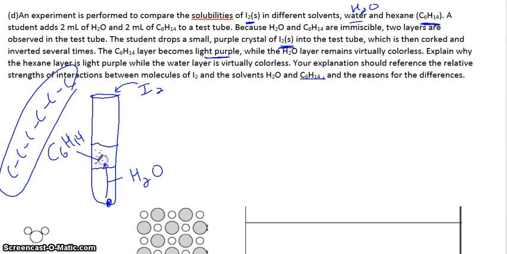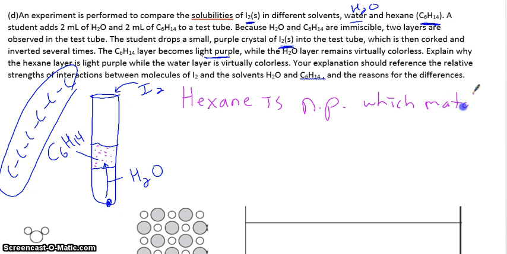Now, the reason why iodine dissolved in the hexane is because hexane is nonpolar. It did not dissolve in the water because the water is polar. So that's what you want to say. So hexane is nonpolar, which matches the intermolecular forces, the London dispersion, well, not London dispersion, because water also has London dispersion.